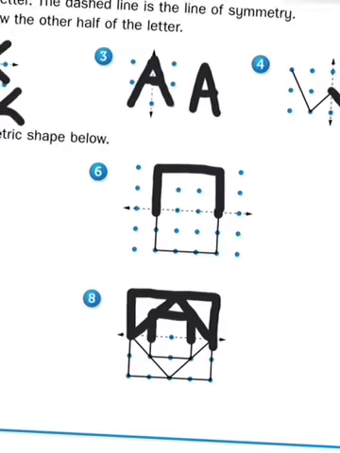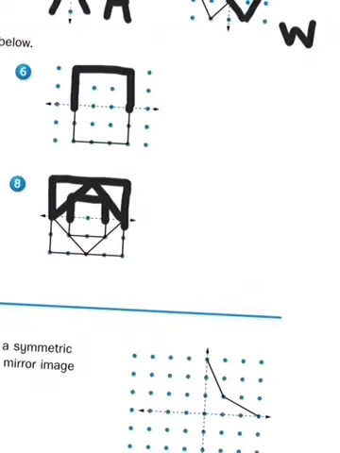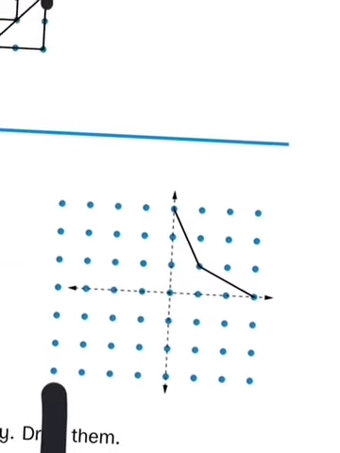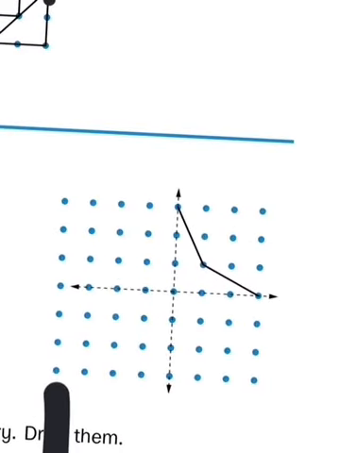Let's look at number 9. So for number 9, we had more than one line of symmetry, so I'm going to start at this dot right here. I'm going to go towards the left diagonally to that second row from the right of the line of symmetry. And then I notice that it goes up to that very top center line.